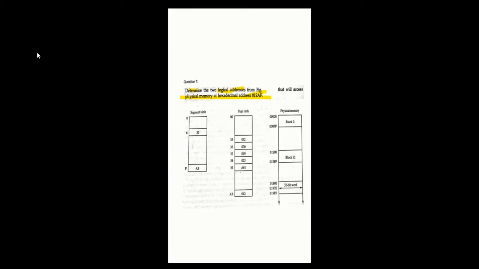Now you see, addresses are of two types. Let me just write this down. One is called the logical address, and the second is the physical address.